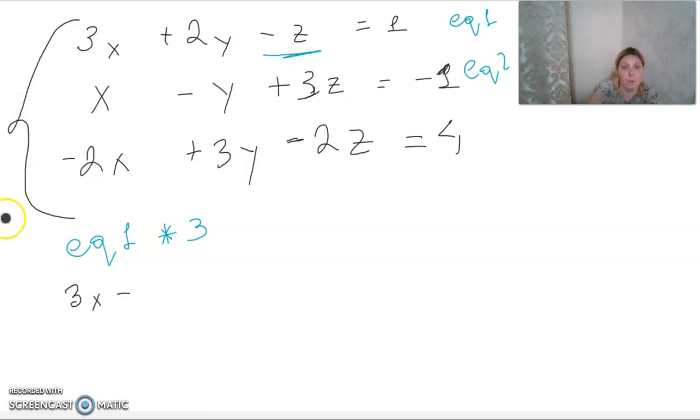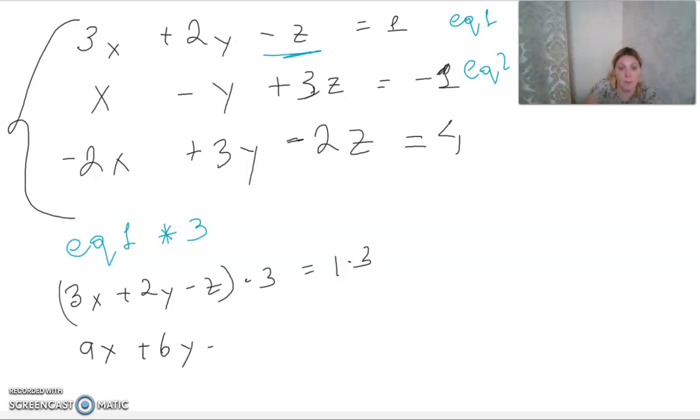3x plus 2y minus z, everything is times 3, equals 1 times 3. So this is 9x plus 6y minus 3z equals 3. And of course over here I have x minus y and plus 3z.